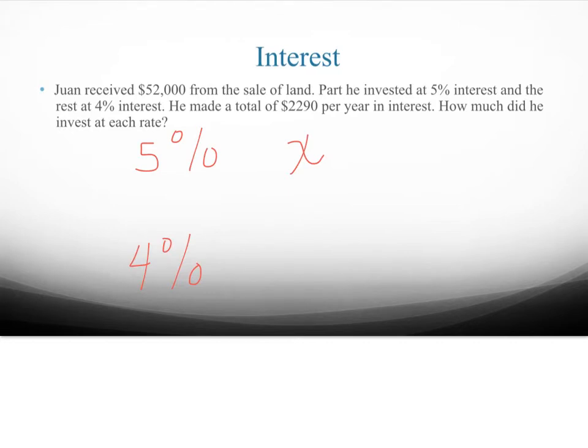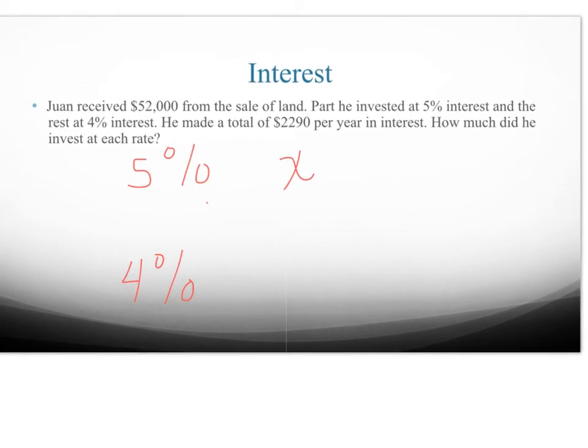How much he invests at 4% is going to be how much he's got left over after he invested at 5%. So we started with $52,000. If x of it went to the 5%, then we've got 52,000 minus x left to invest at 4%.